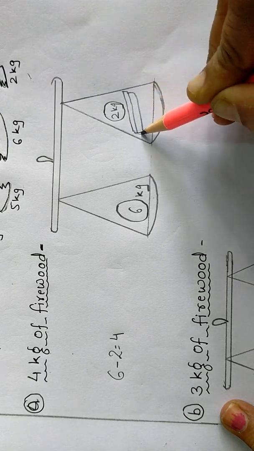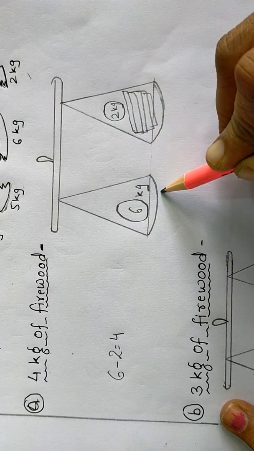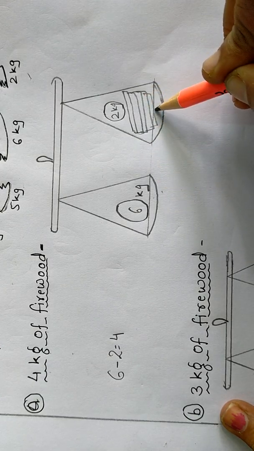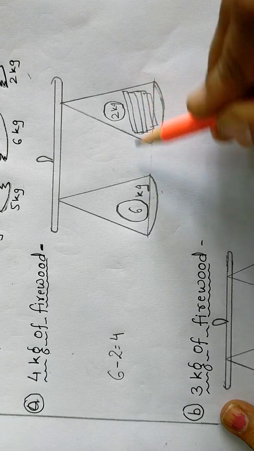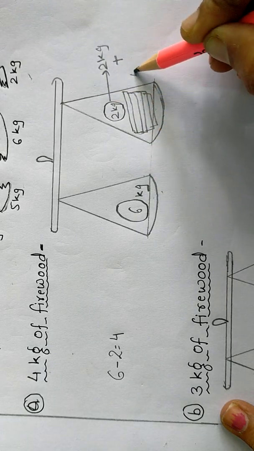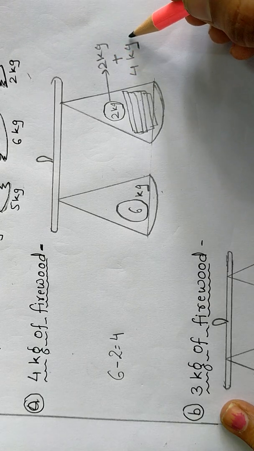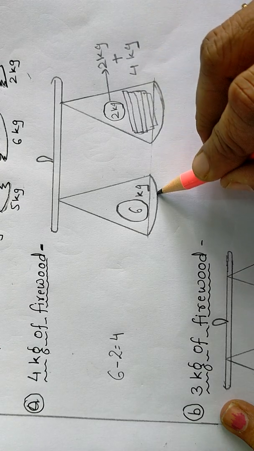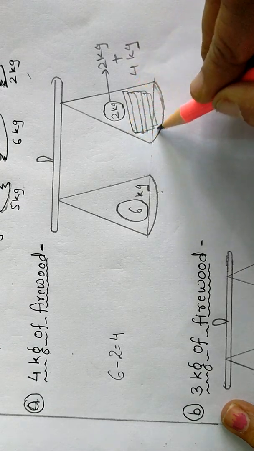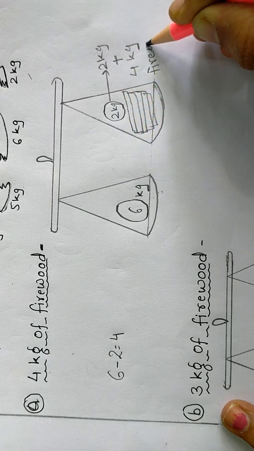First of all, what will happen? The 6 kg pan will go downside because it is heavier, and as soon as it is 4 kg, it will become the same. So this 2 kg plus this 4 kg is equal to 6 kg. So from that you come to know that this is the 4 kg firewood.